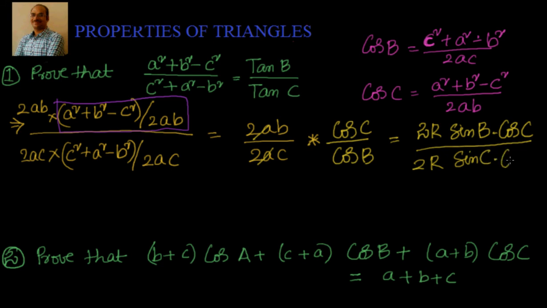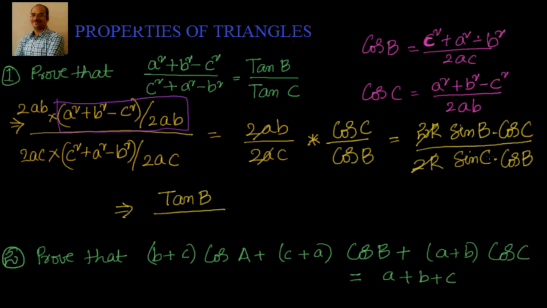Now see what I have here: sin B by cos B is nothing but tan B, and cos C by sin C is cot C.